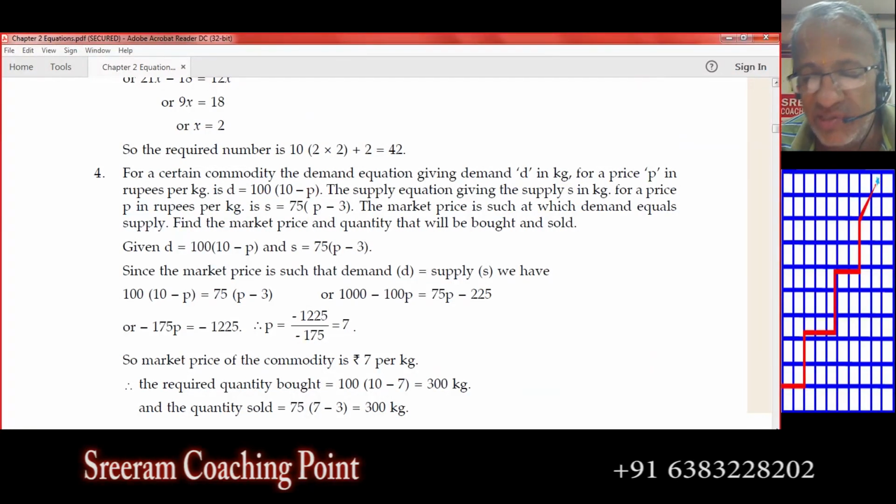The market price is such at which demand equals supply. Find the market price and quantity that will be bought and sold. So here they have mentioned that the demand should be equivalent to supply. The demand equation they have given us is 100 into 10 minus P. Supply, the equation is 75 into P minus 3. So they themselves have given the equation asking us to equate.